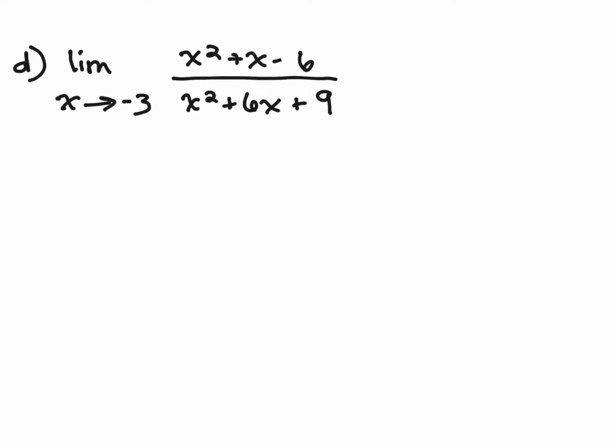Not going to happen in your homework, and it's not going to happen on your test. But I just want you to be aware it doesn't always work out. So if I look at this problem, limit as x approaches negative 3, x squared plus x minus 6 over x squared plus 6x plus 9. First thing I'm going to try is direct substitution.